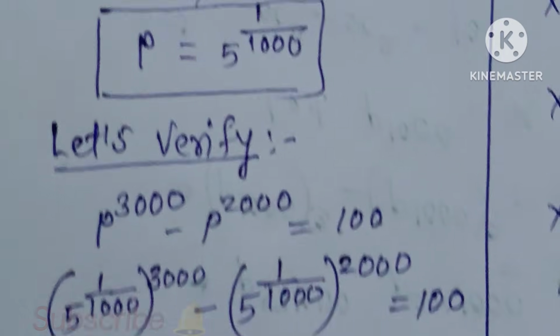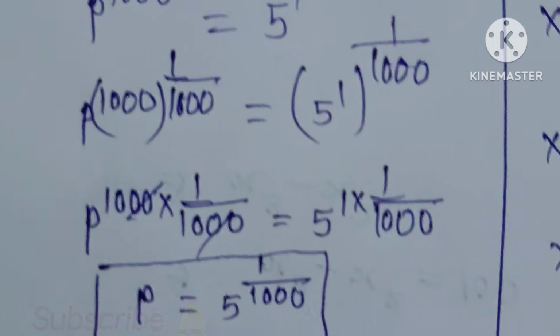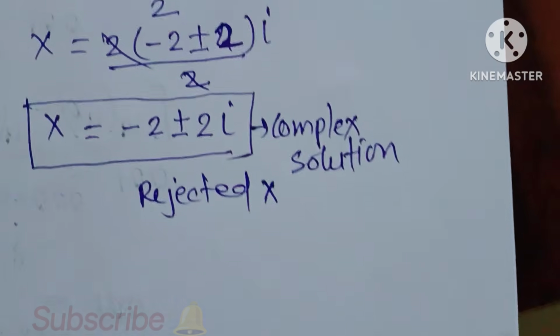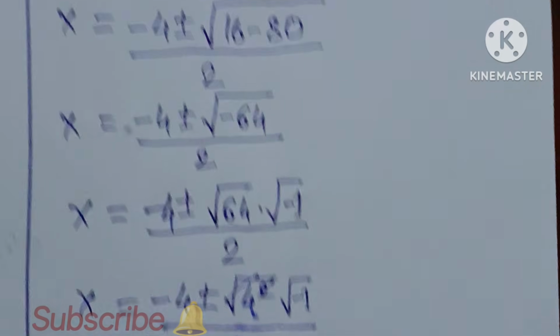Now see this one, the value of p is also given. This is the recap of the equation.